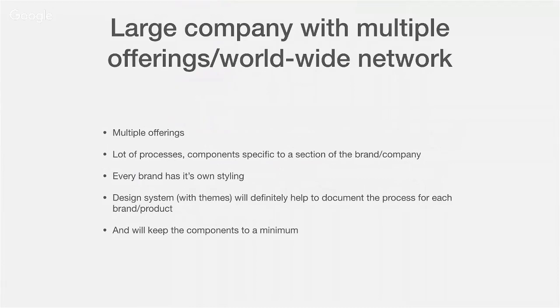So here I would suggest having a design system, but instead of documenting the colors within the atom, it could be a separate guide. So here you would have a design system with the processes for each brand product, which are the same. But next to it, you can say, okay, these are the themes.